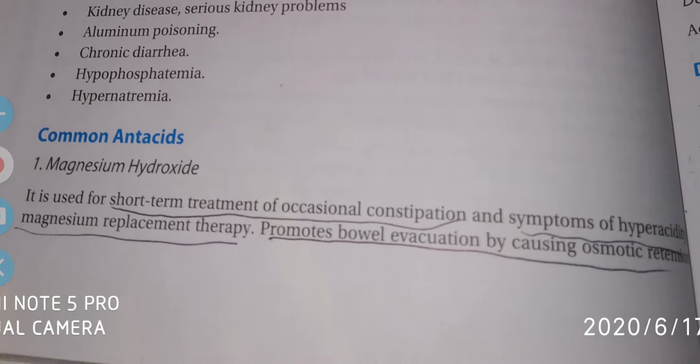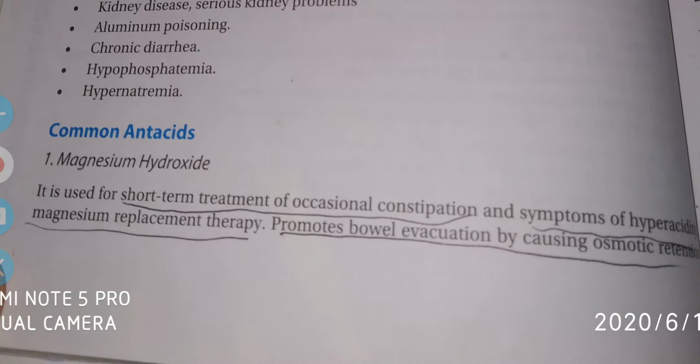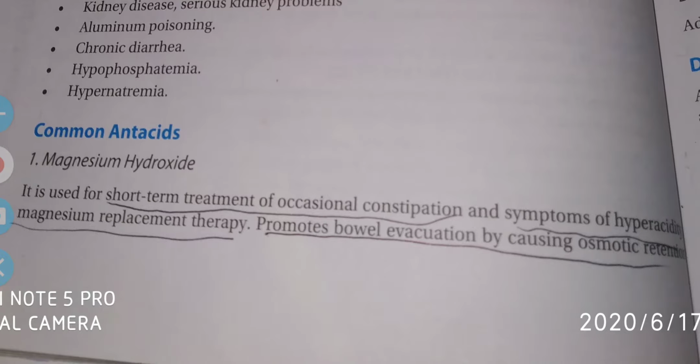Now let's see the common antacids used. The first one is magnesium hydroxide. Magnesium hydroxide, as we know, comes in the non-systemic group only. It is used for short-term treatment of occasional constipation. If there is occasional constipation, it is used at that time.